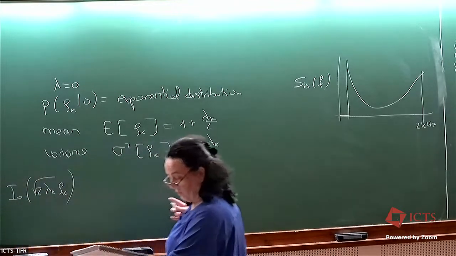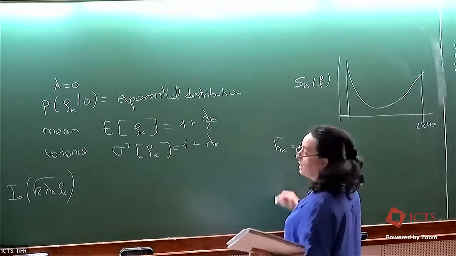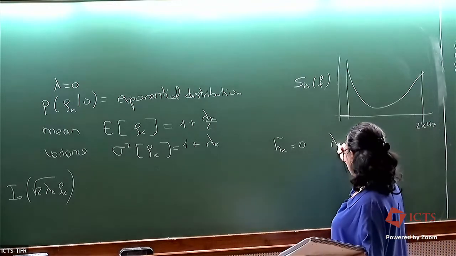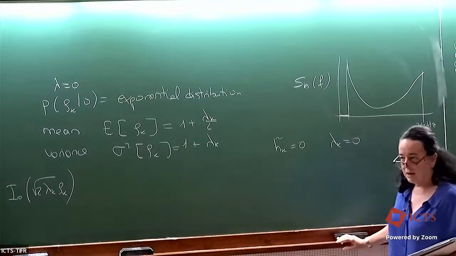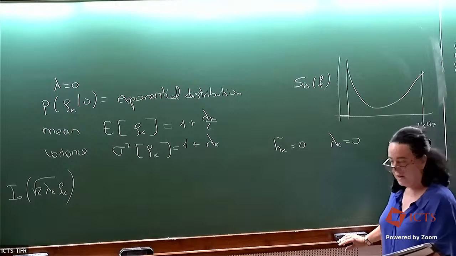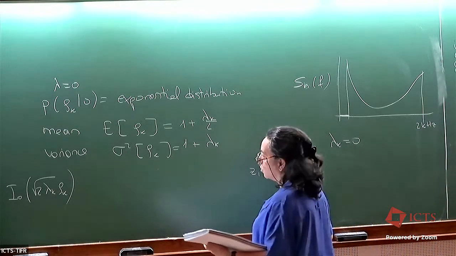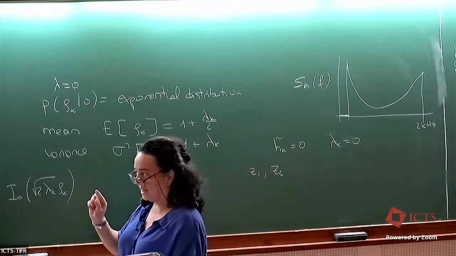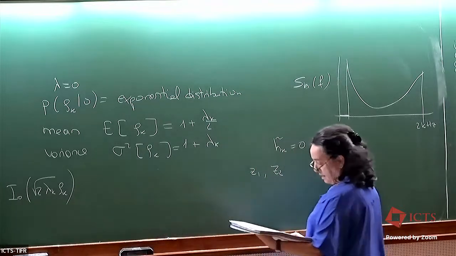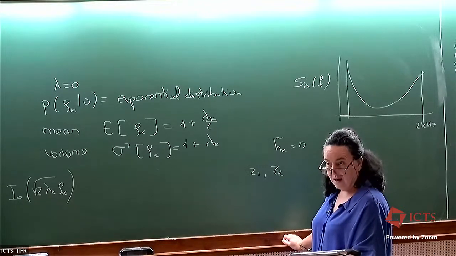So basically, what I'm saying is that the Fourier transform of H is 0 everywhere, meaning that I have the non-centrality parameter 0 everywhere, and that means that simply these two quantities that I've defined there, Z1 and Z2, are going to be Gaussian noise with a 0 mean and variance of 1.